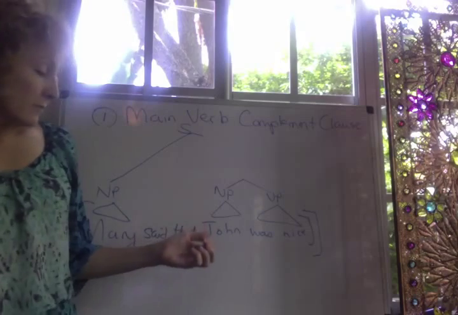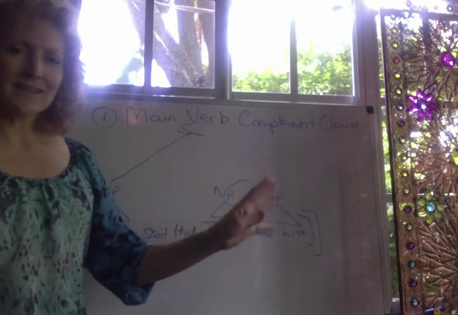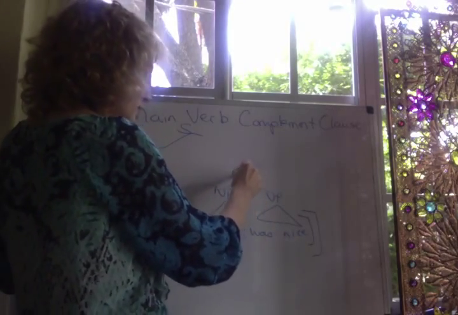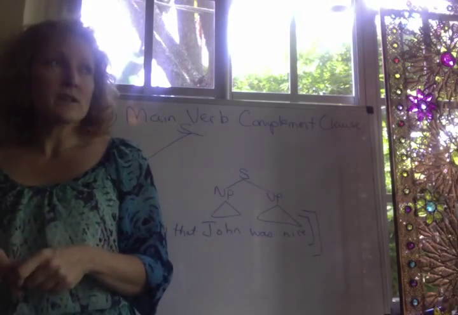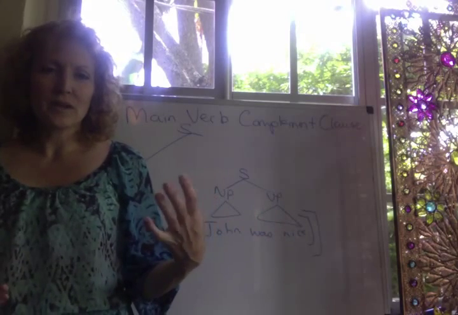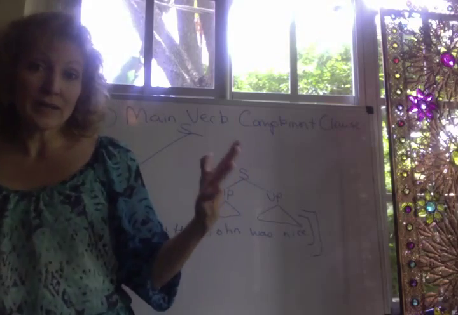Okay. John was nice is exactly the same as it was before, right? It's still a sentence. You can still say John was nice as an independent sentence. Notice that you can't walk up to someone on the street and say that John was nice. That's just a really weird way to start a discourse because that is a marker of an embedded clause.